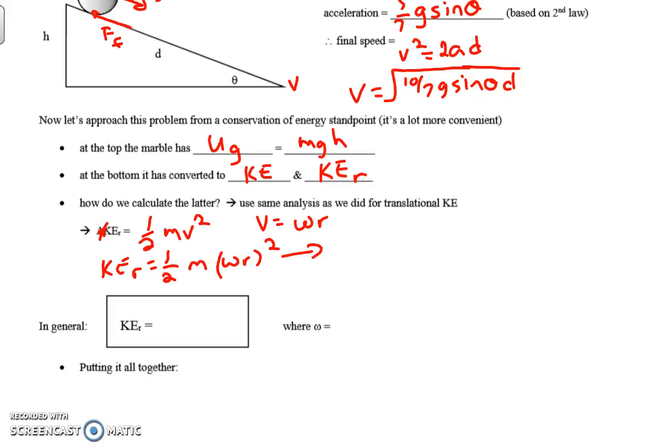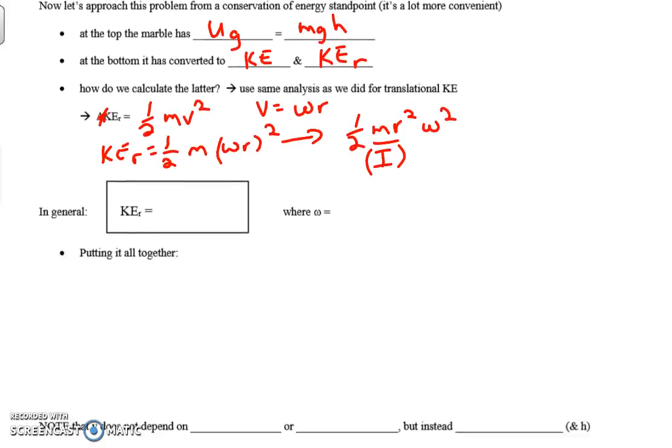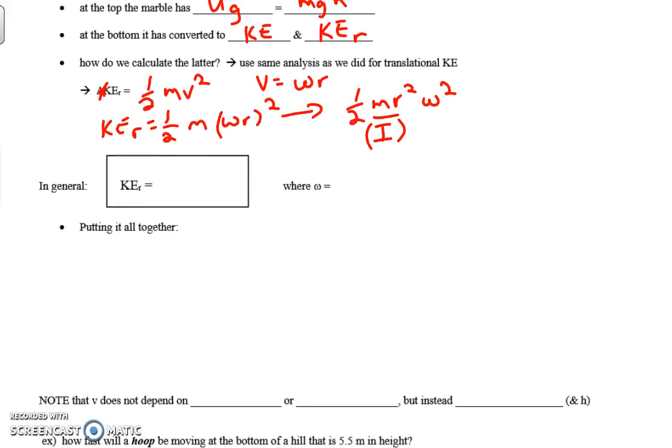If we expand that out, I have 1/2 m r squared times omega squared. And if you look at this closely, hopefully you recognize that mr squared is nothing more than, that's correct, the general equation for rotational inertia or moment of inertia. So if I substitute that in, I have a nice simple equation for rotational kinetic energy, which is 1/2 I omega squared, where omega again is v over r.